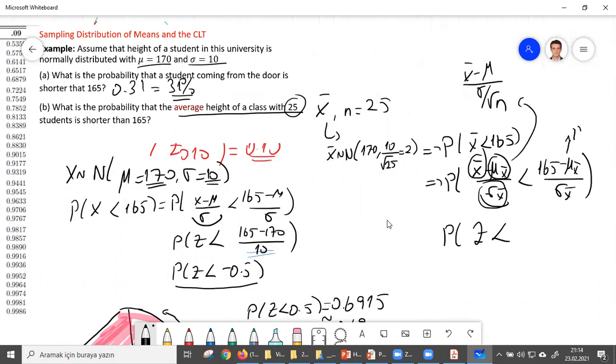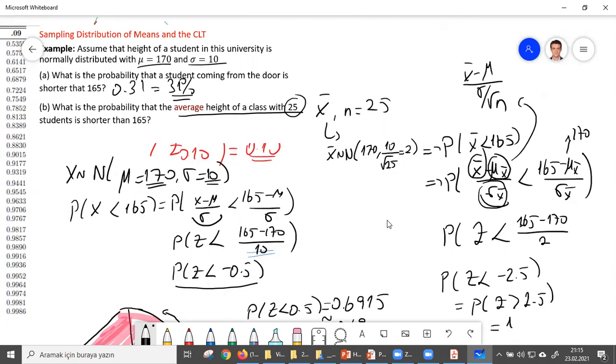This is equal to 170, right? This is 165 minus 170, divided by sigma of x bar, which is 2. So this is the probability that z is smaller than minus 2.5, which by the same argument we used before equals the probability that z is greater than 2.5, which is 1 minus the probability that z is smaller than 2.5.